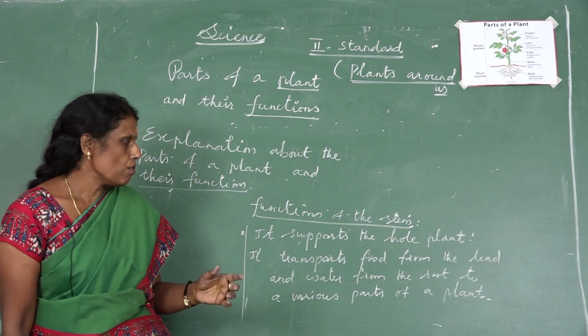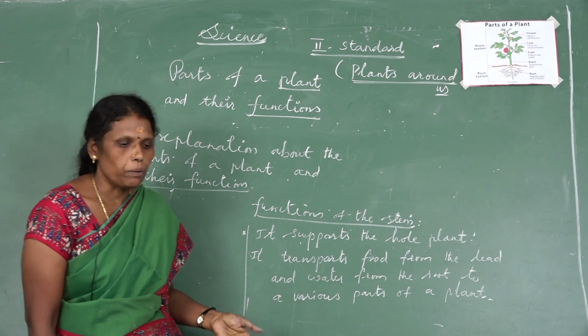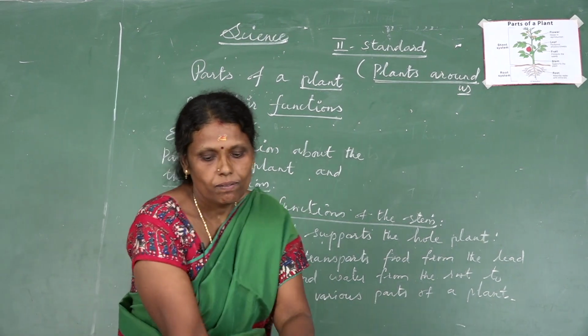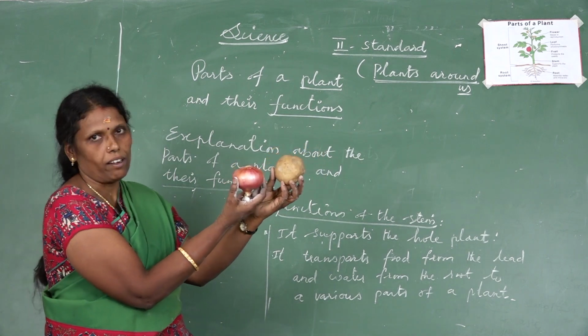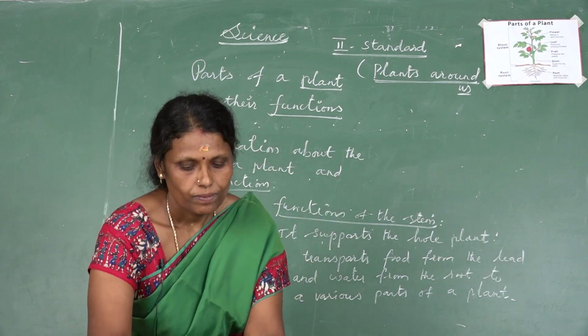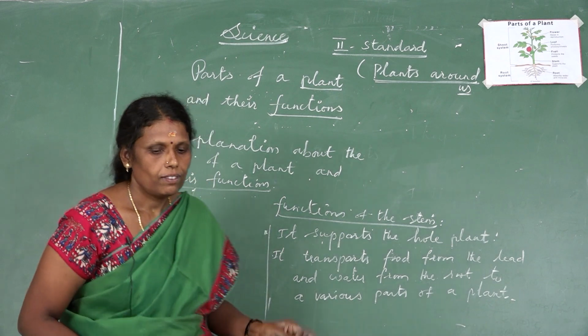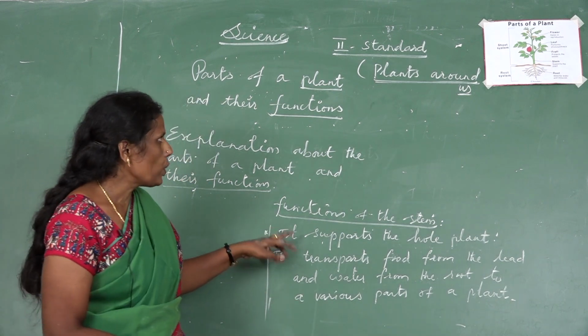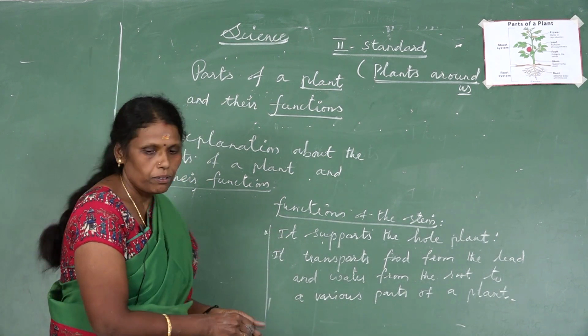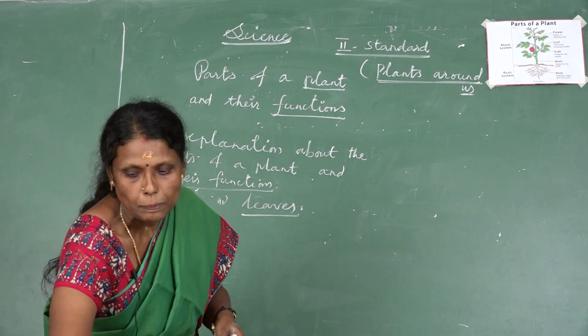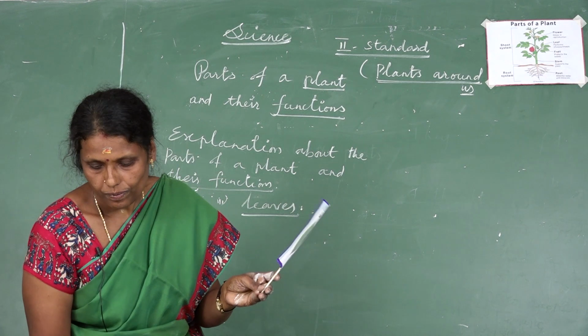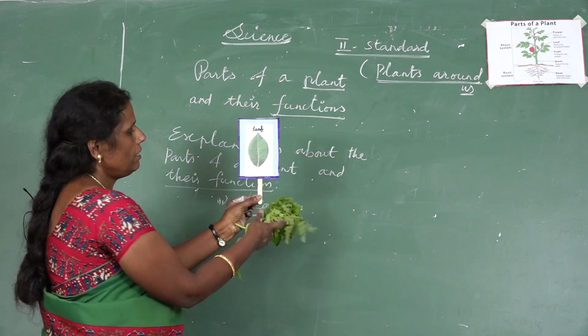Some stems store excess food in them. For example, potato and onion. The third part is leaf. It is the leaf.